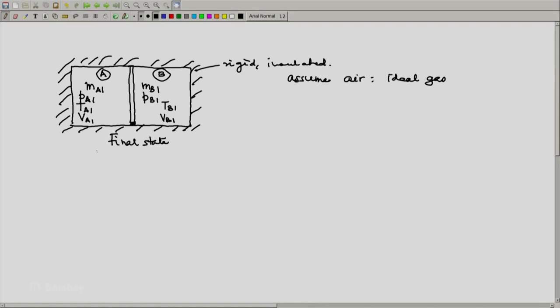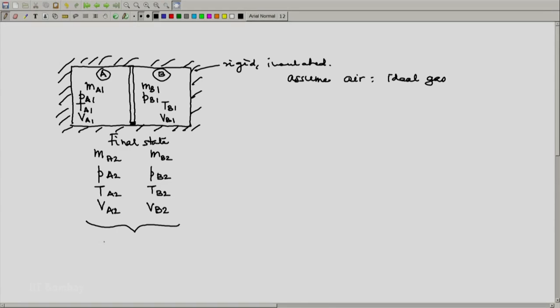In the final state, let the masses on the two sides be MA2 and MB2. Let the pressures be PA2 and PB2. Let the temperatures be TA2 and TB2, and let the volumes be VA2 and VB2.